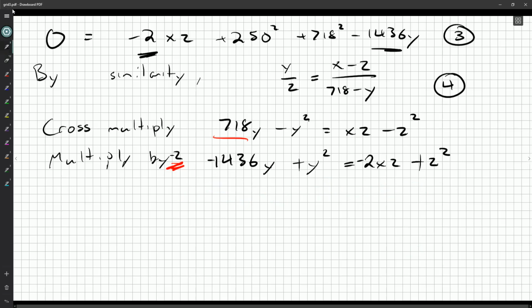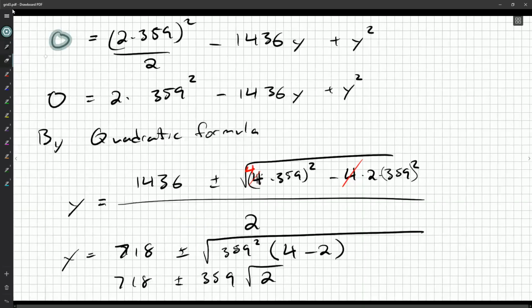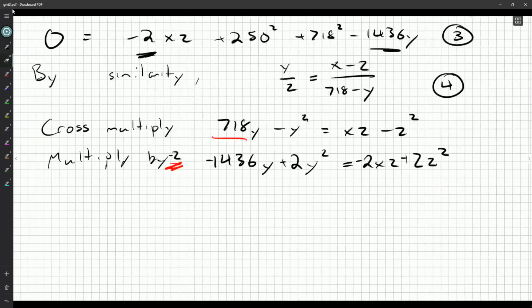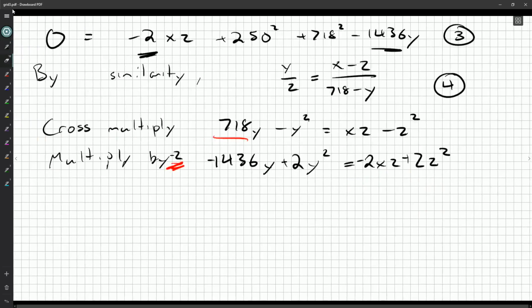So I did successfully make them positive, but I never multiplied by 2. Okay, so this makes me feel a little bit better.